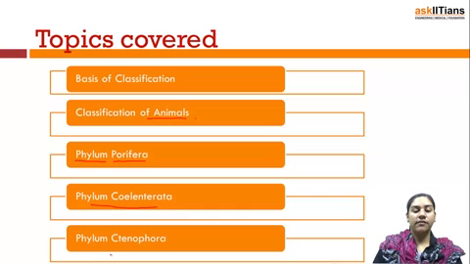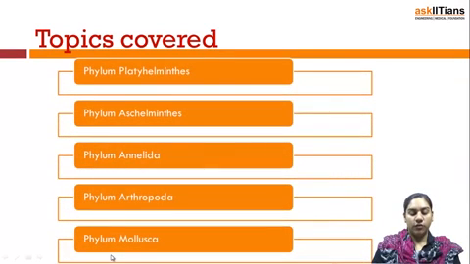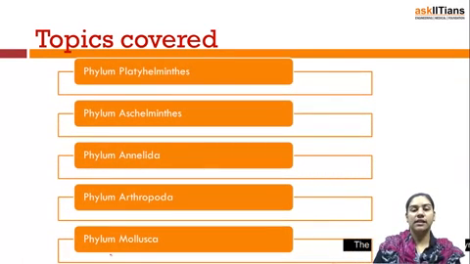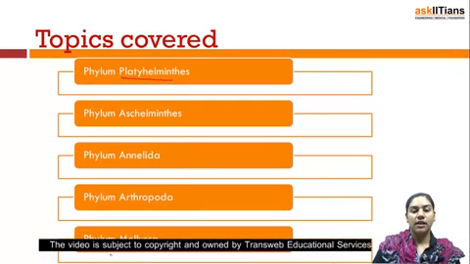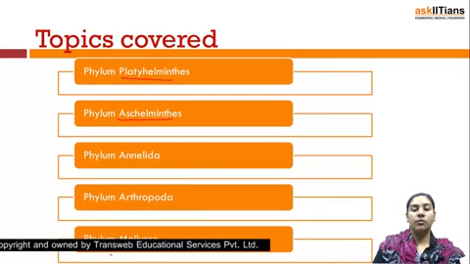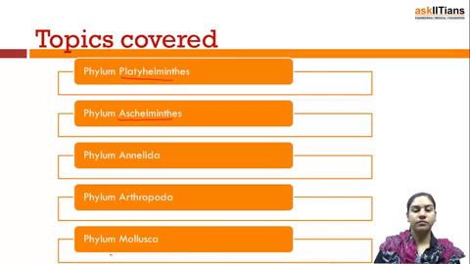The next is the phylum Ctenophora, a small group, and the characteristic feature of these animals is bioluminescence. So these are a little different group of animals. After Ctenophora, we'll discuss the phylum Platyhelminthes, which includes all the flatworms. Then we'll move on to the phylum Aschelminthes, which includes all the roundworms.